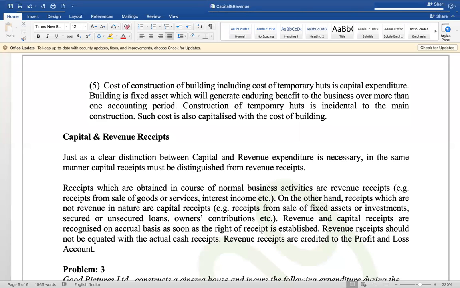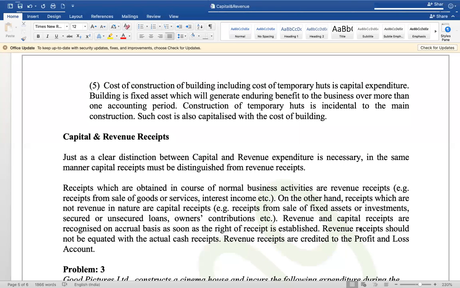By contrast, you have the capital receipts. When you raise debentures from the capital markets, you raise them with an intention to keep that money with your company for a longer period.